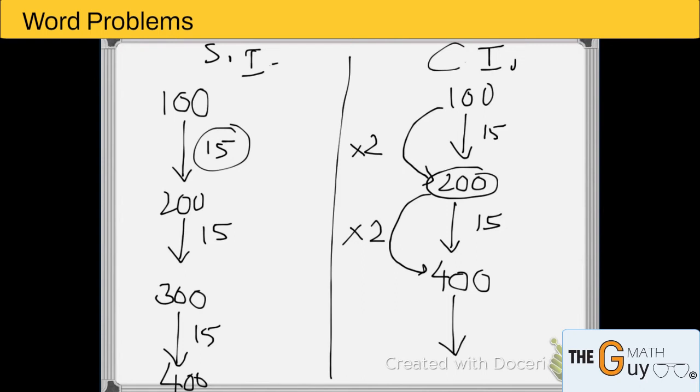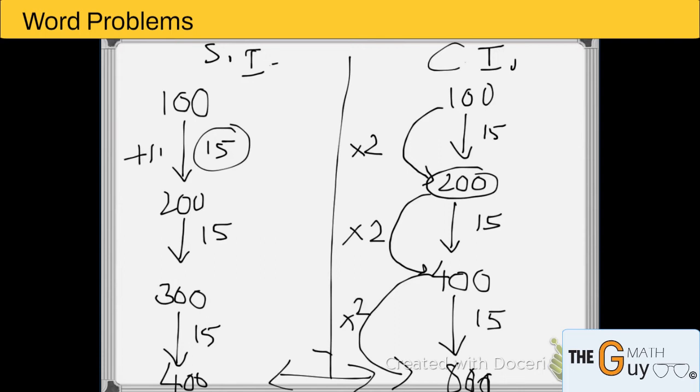And then, you've guessed it, the final 15 years would help to double it one more time to 800. And now that's the difference between the two. In simple interest, you get plus 100 every 15 years, plus 100, plus 100. And in compound interest it multiplies. So that's the difference between these two.